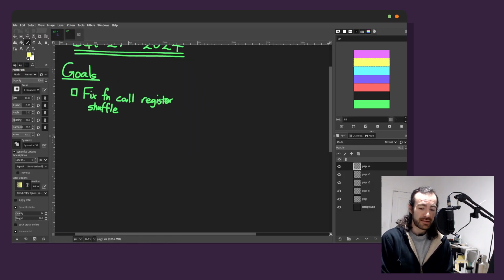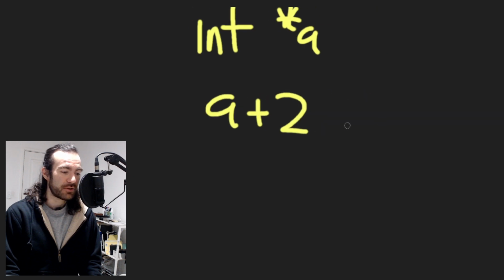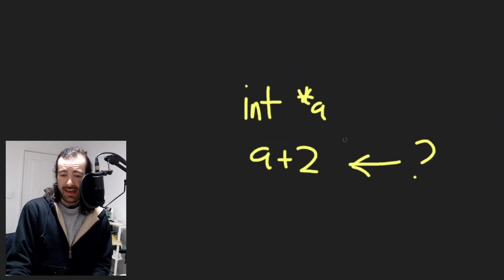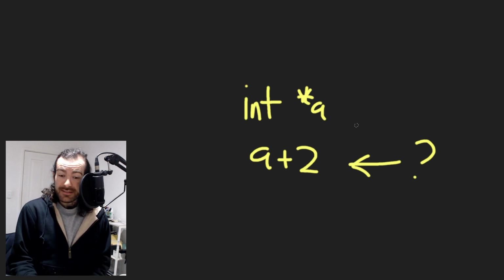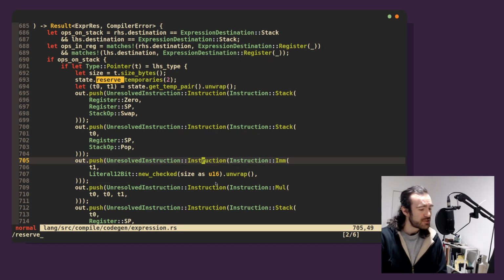I've written this out lots of times before, so I won't belabor the point, but just to demonstrate, because I think it is always interesting, we have an integer a, and we say a plus 2. What is a plus 2? Is it the address of a, the address of the thing we're pointing to plus 2 bytes? Or is it plus 2 times size of int? According to C logic, it's 2 times size of int. So we do this multiplication.